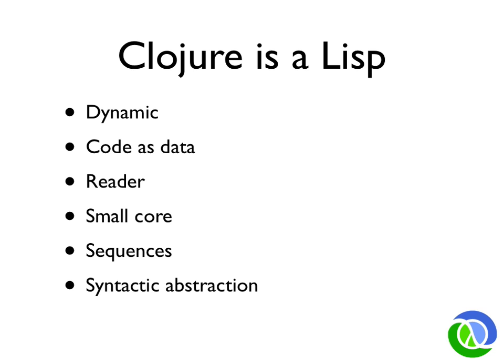Being a Lisp means having an extremely small core. You'll find when you contrast Clojure to other languages, even languages that are theoretically lightweight like Python or Ruby, Clojure has way less syntax than those languages, far less complexity, in spite of the fact that they appear easy. Lisps generally have tended to emphasize lists.